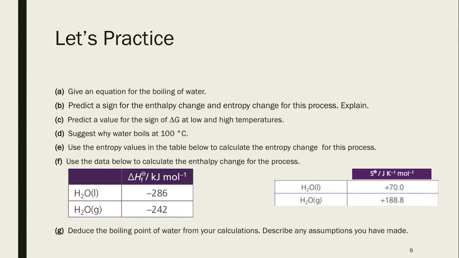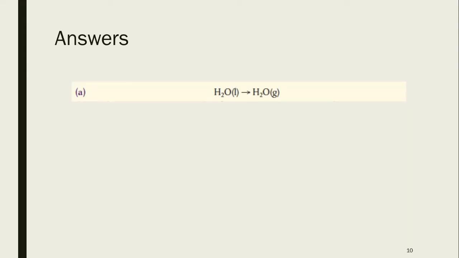Predict a sign for the enthalpy change and the entropy change for this process. So we have enthalpy and we have entropy. Let's start with entropy. From our equation that we see here, we're going from a liquid, which is ordered, to a gas, which is more disordered.